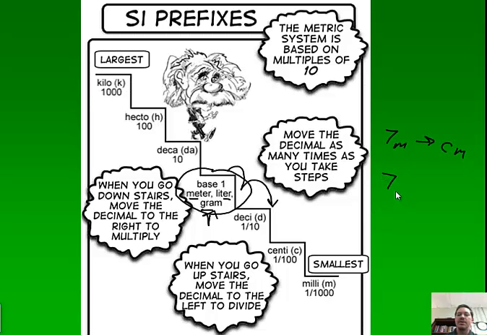That would be the same as moving our decimal 2 spaces and then filling in zeros and then changing our units. So this is another way to convert our units. This is probably going to be easier than doing it the math way. So we'll practice this a little bit more.